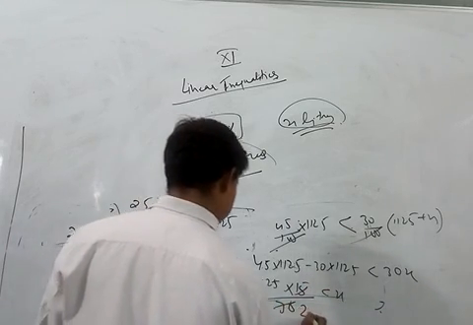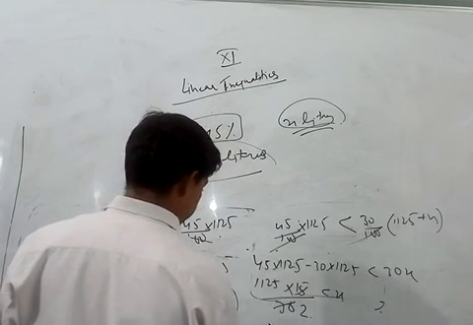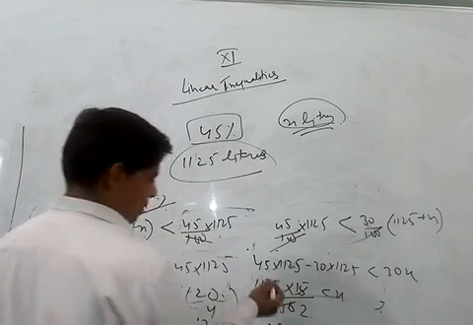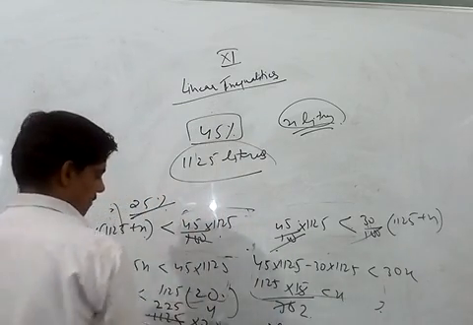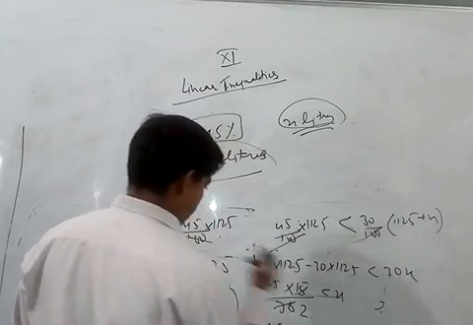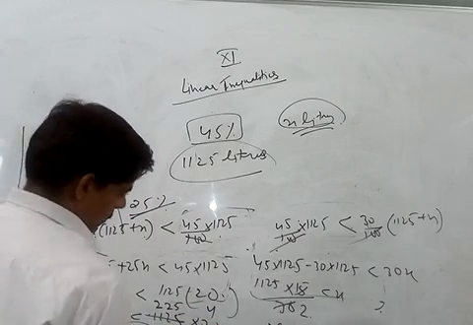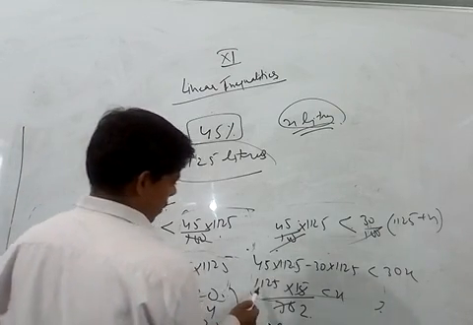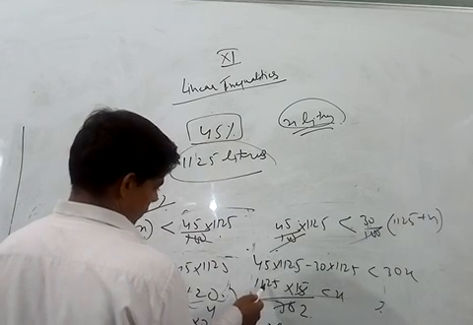We can cancel this, and this comes out to be x is greater than, divide this by 2, 5 to the 10, 5 5 the again we get 5, and we get 5, then again 5, then 2 is left.